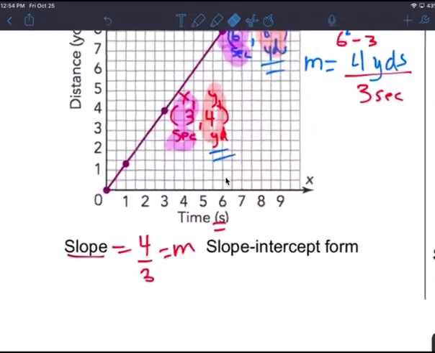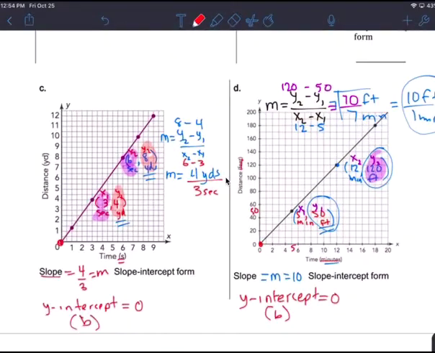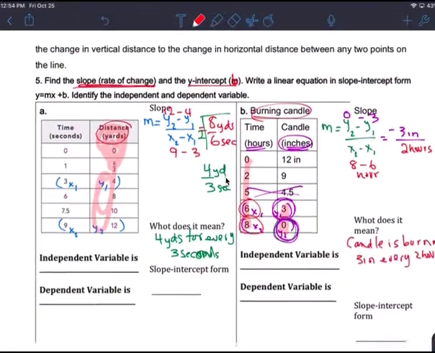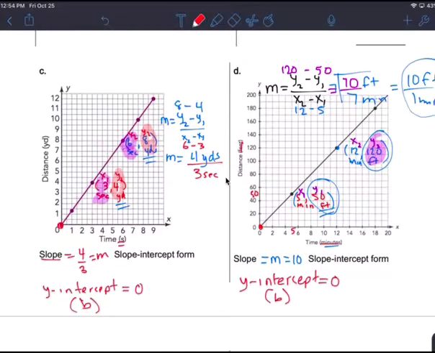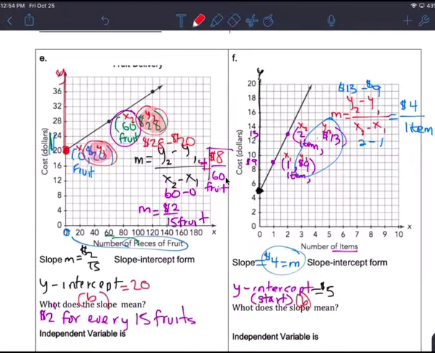Okay, so y-intercept here. But make sure you write the word y-intercept because a lot of you forgot the word. Letter B is at 0 there. The y-intercept is at 0. Okay. The y-intercept here, notice each time x is 0. Notice x is 0 is the starting point.